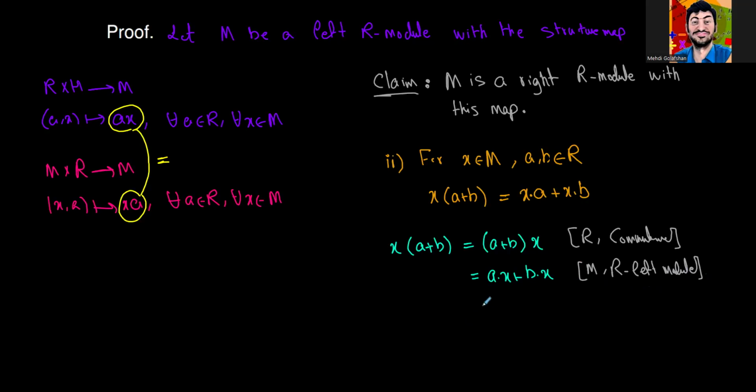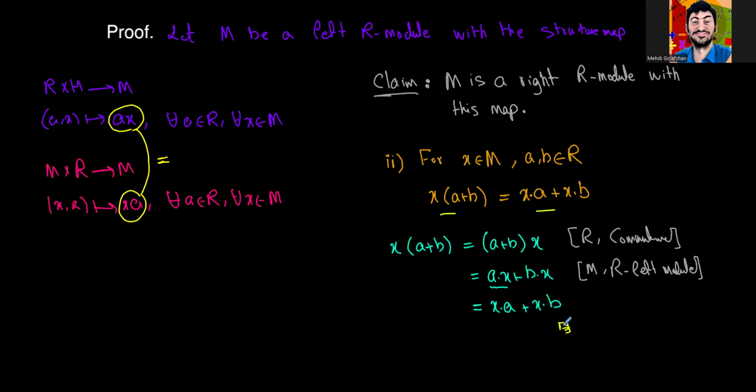Again, the ring is commutative, so we can say that here we are in R, so we can write x times a, and here again we are in R, so we can write x times b, and we obtain what we want.